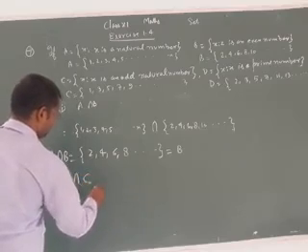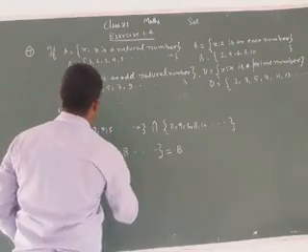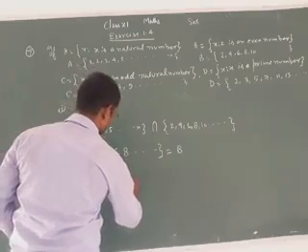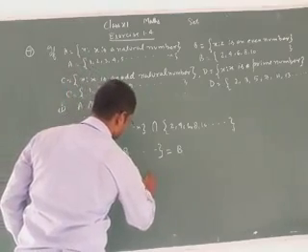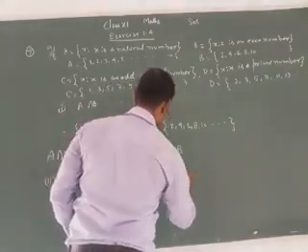And also A intersection C. Set A has the elements 1, 2, 3, 4, 5, and so on up to n.